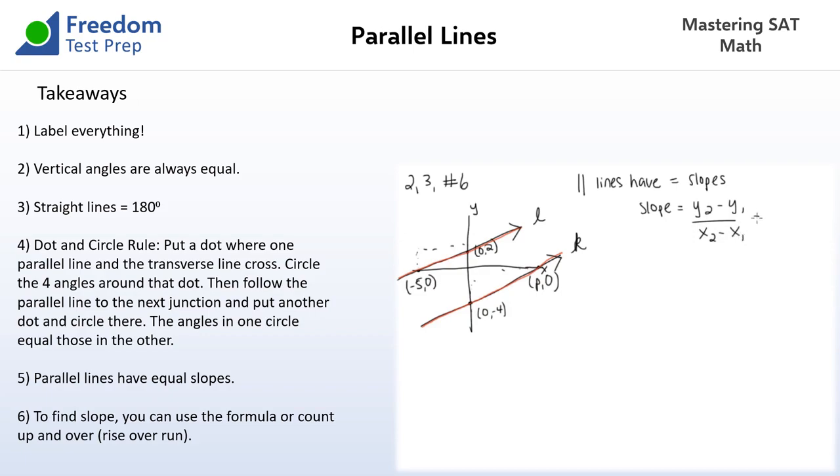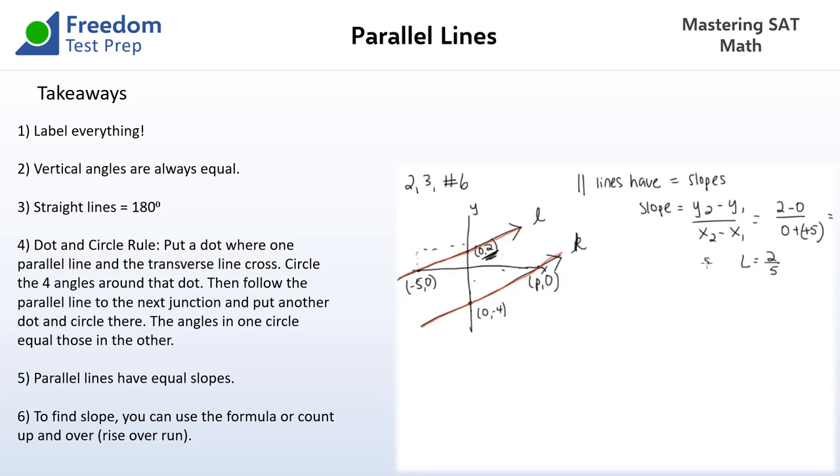Okay, so we're going to find the slope of line L because we have 2 coordinates. So we're going to subtract the y's. We're going to say 2 minus 0. And you have to do this in order. So if you start with this coordinate, you have to continue with that coordinate for the x's. So it's going to be 0 minus negative 5. And 2 negatives is a positive. So it turns out to be 2/5. So line L has the slope of 2/5.